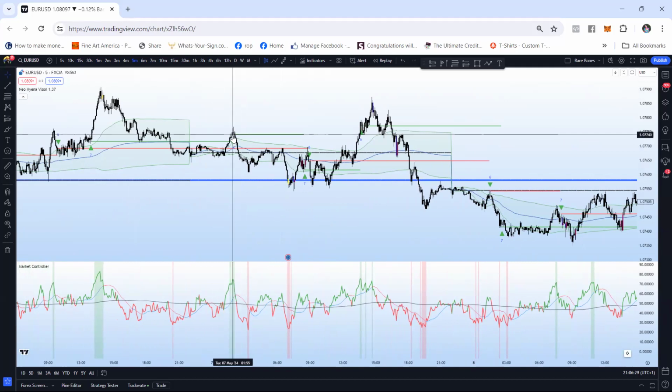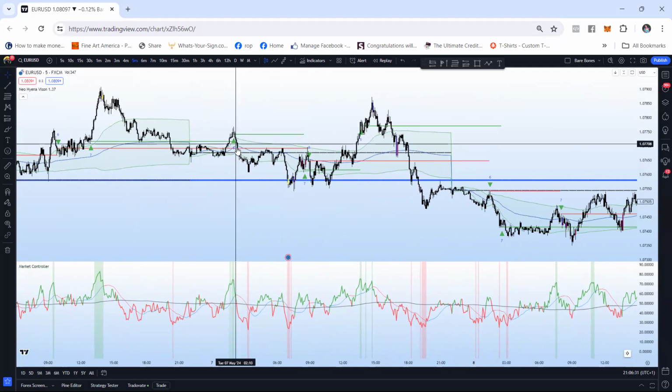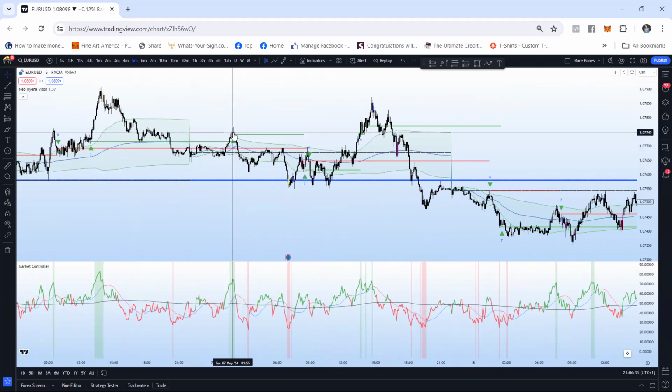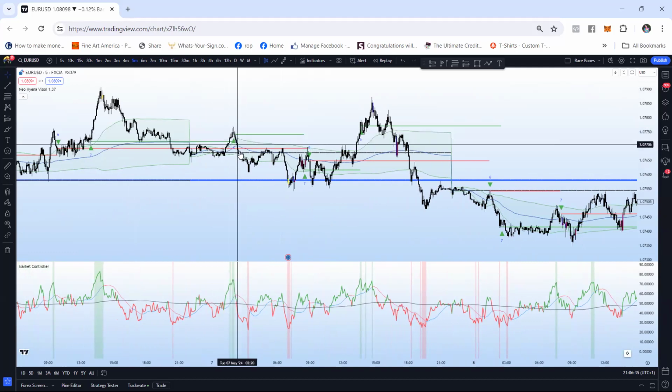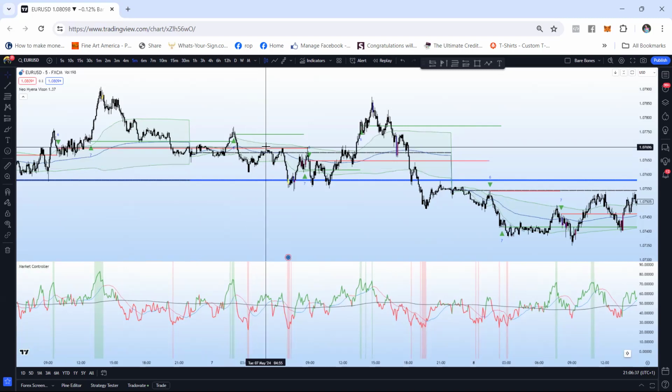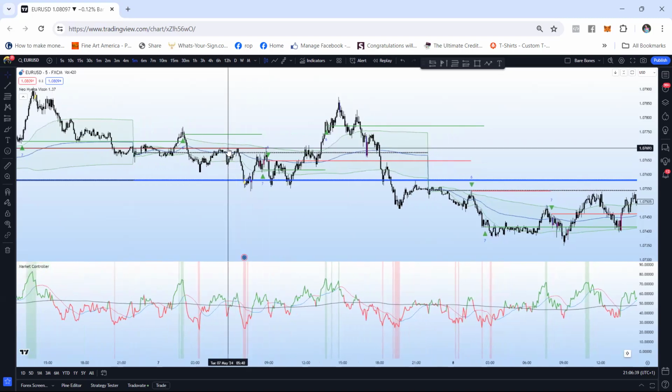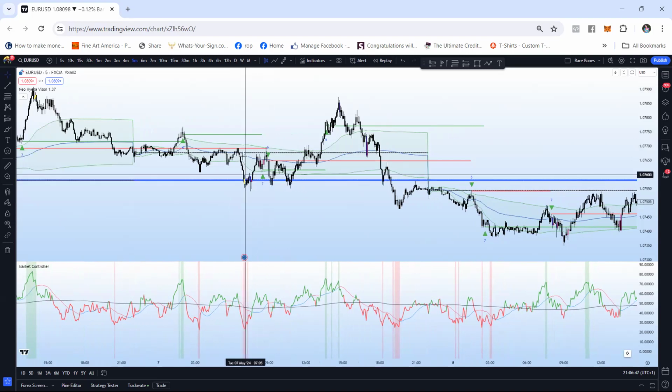Flips over meaning it reverses, right? So you see how we got to the top of the range here, and then the market flipped over, right? And we continue to use these volume based lines as quote unquote resistance.